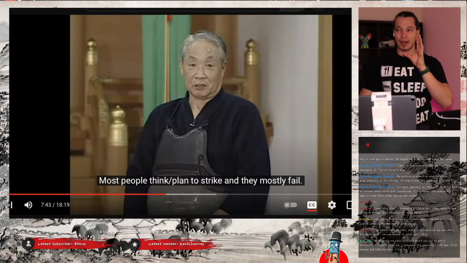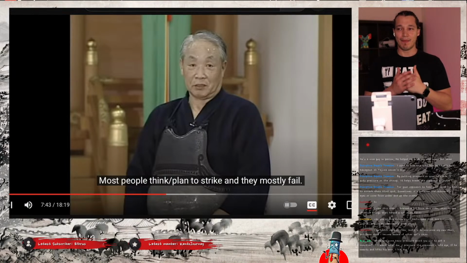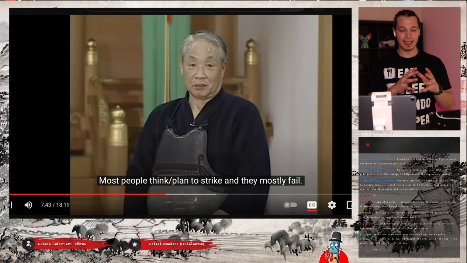I like that, but the more I'm working into this, I'm trying to be in motion by the time that my opponent decides to move. This is the goal that I'm trying to do.